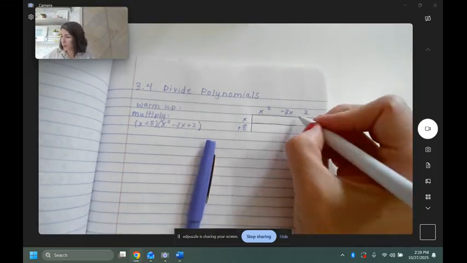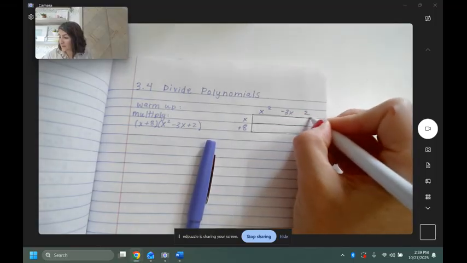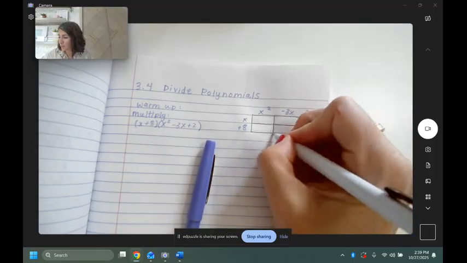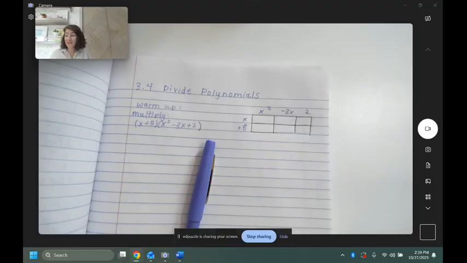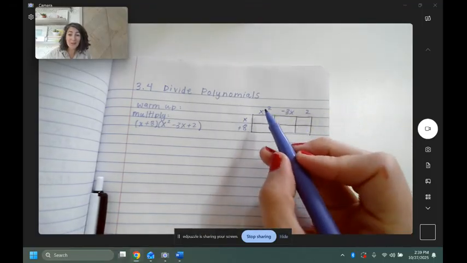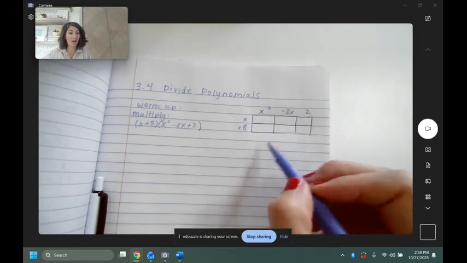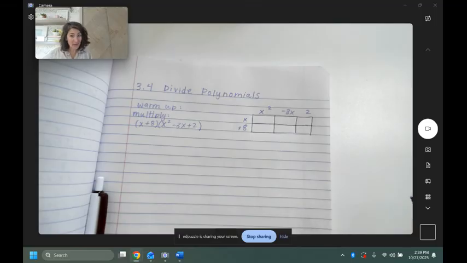So it's a longer little area box here. And for this area method, in order to multiply these two things together, I'm going to multiply each term times the other and then add up all 6 of these boxes when I'm done.